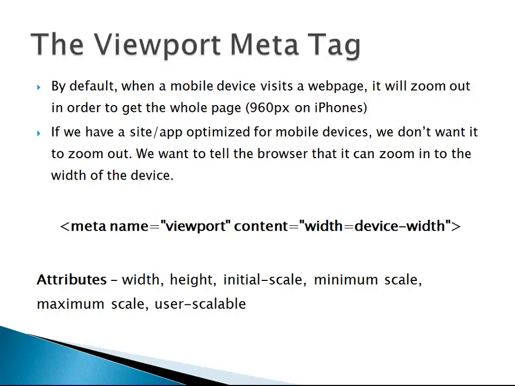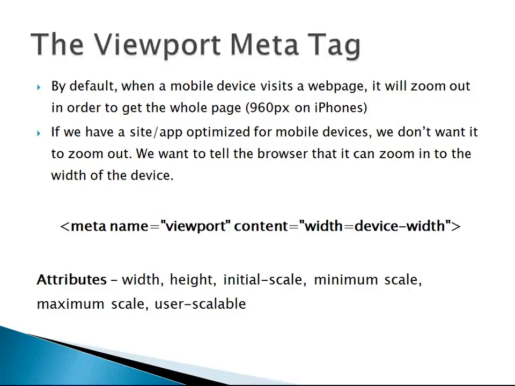Typically on most phones they'll zoom out to 960 pixels. But if we have a site that's optimized for mobile devices, we don't want it to zoom out, because obviously it was made for that small screen.